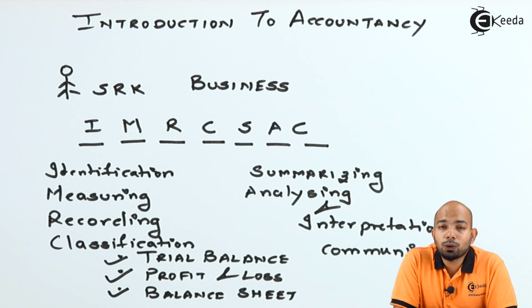Once you communicate all these details to the internal and external users, that's when the company's true worth is shown to a layman. Once this is depicted via these recording systems, via these books of accounts, that's when you understand whether the company is worth investing in or not.